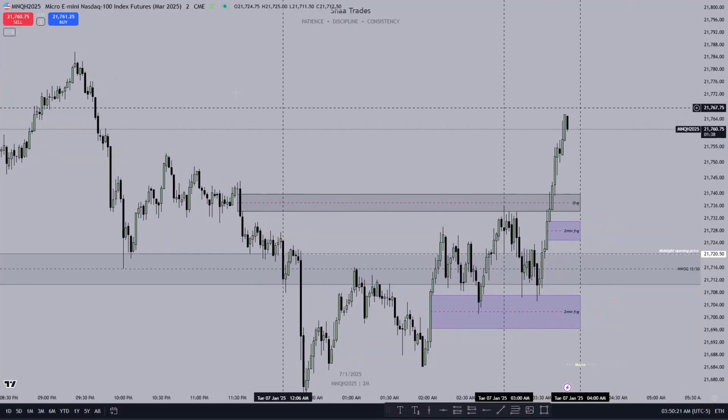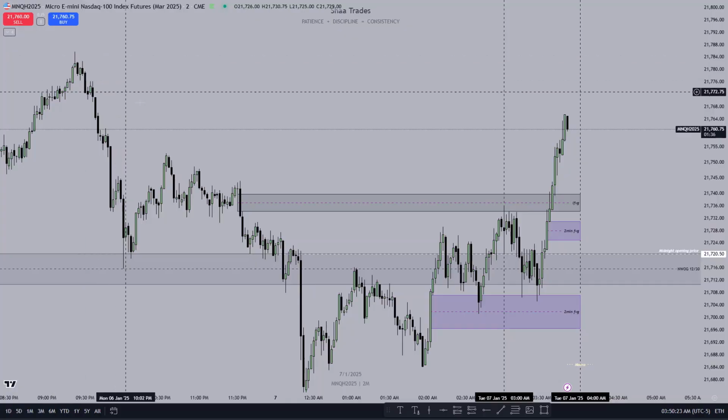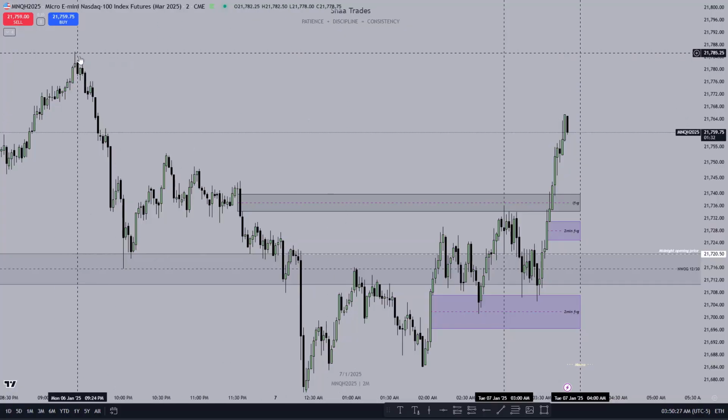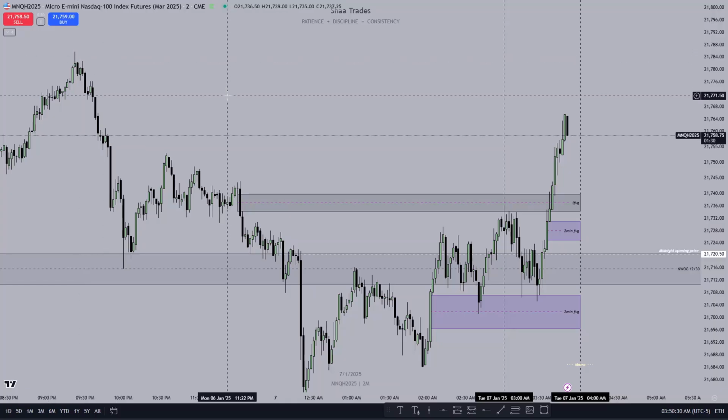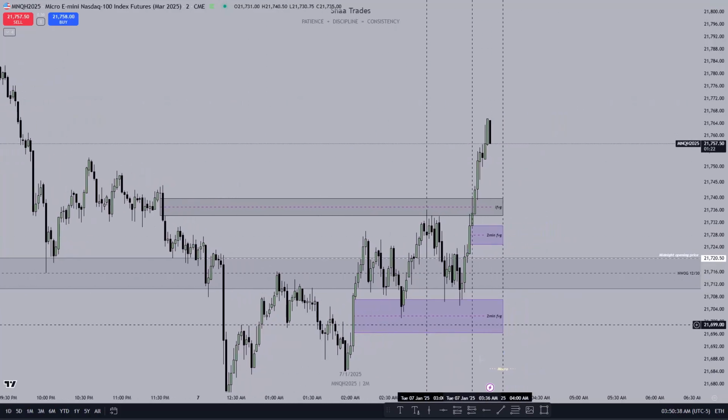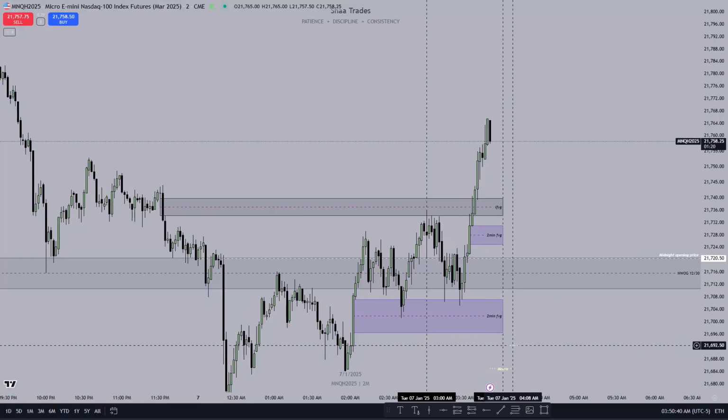Or take off 2 contracts at 1 to 2 and then leave a runner to take out this buy side here. So that's what I would have done if price was below the midnight open.